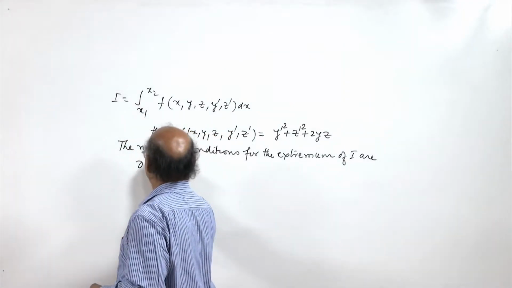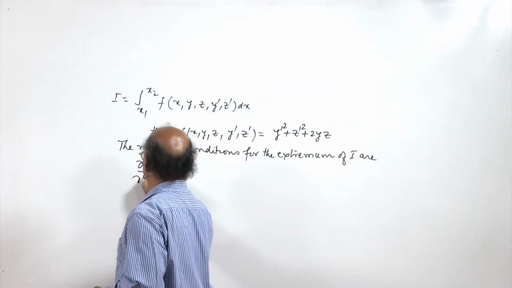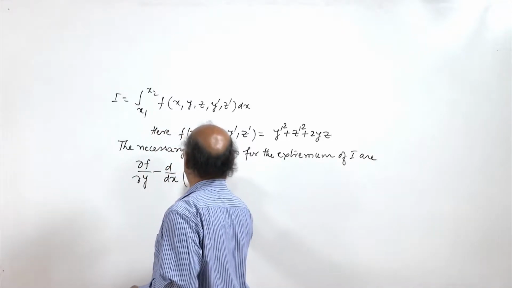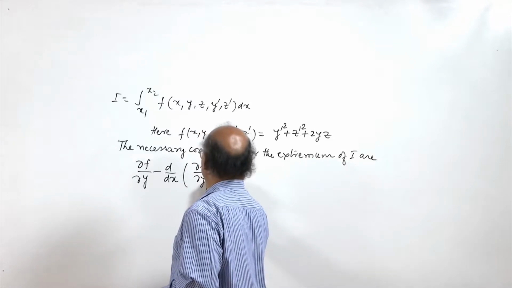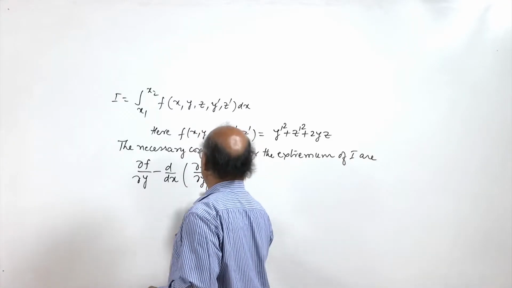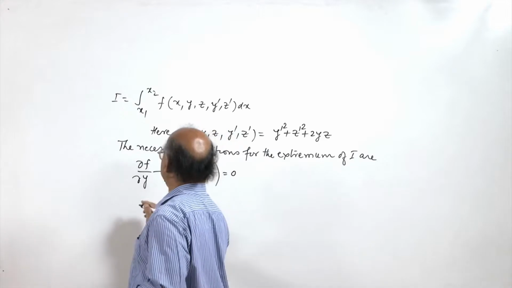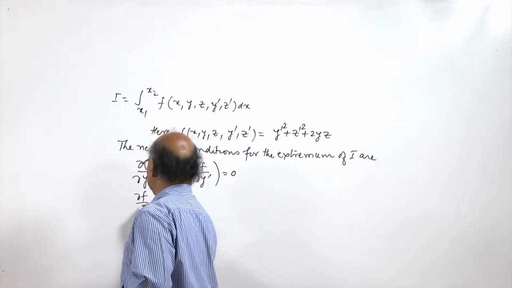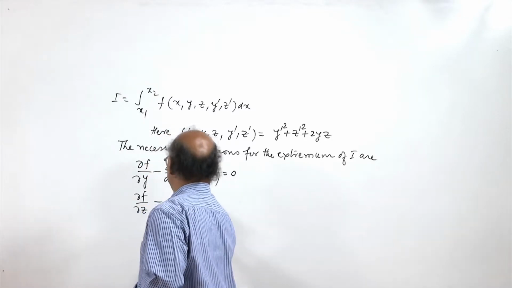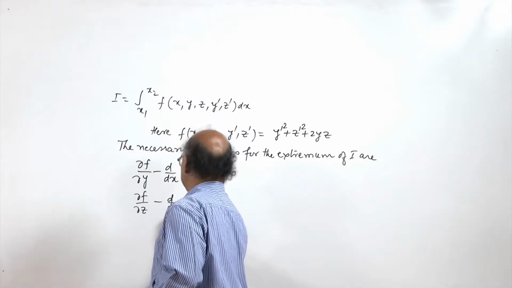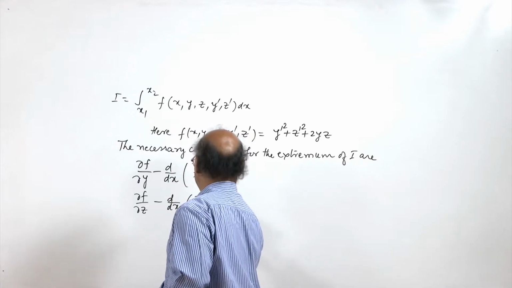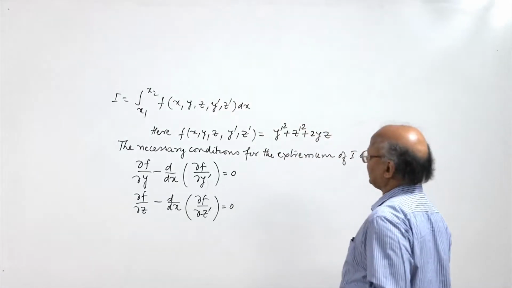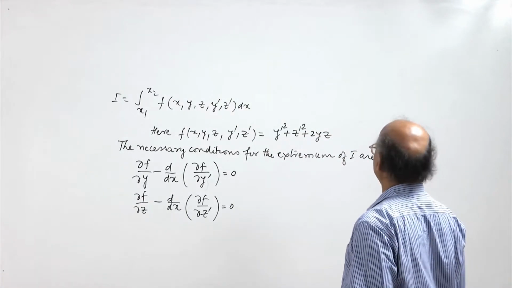So we have the differential equations: delta F over delta y minus d over dx of delta F over delta y dash equal to 0. This is one equation, because y1 is equal to y here, and then the second equation is delta F by delta z minus d over dx of delta F by delta z dash equal to 0. These are the two necessary conditions for the extremum of I.